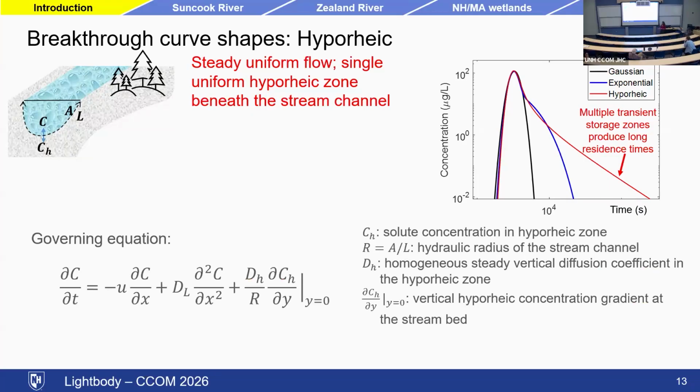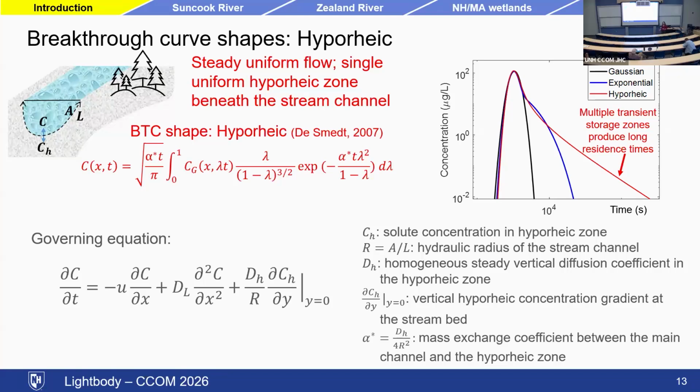If we make that assumption, this is the governing equation that we get. You can see that we're now modifying our 1D transport equation by adding in this exchange term, which depends on the vertical hyporheic concentration gradient at the stream bed, as well as a homogeneous steady vertical diffusion coefficient in the hyporheic zone.